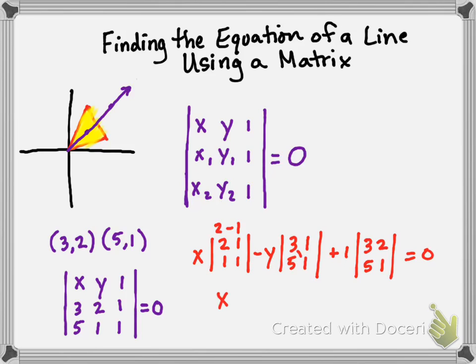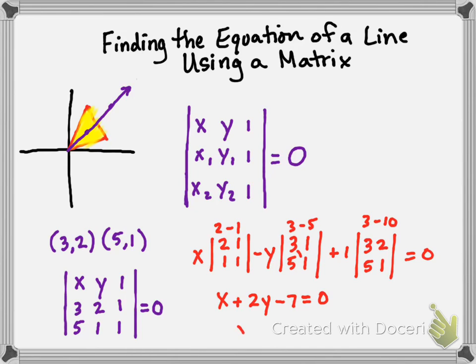Going down the line, we get 3 minus 5, which is negative 2, and negative y times negative 2 is plus 2y. Then down the line again, 3 minus 10, we get negative 7 times 1, which is negative 7. And we know that this is equal to 0.